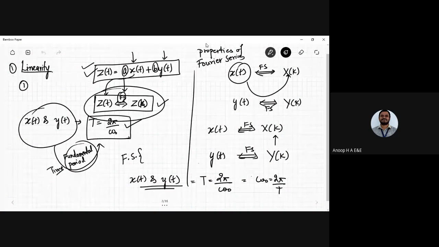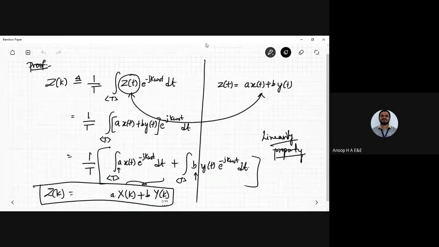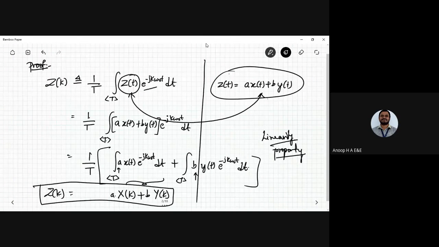Now, how can you write z of k? The proof is 1 divided by T, integral over the time period, z of t e power minus j into k omega naught into t. z of t can be written as a into x of t plus b into y of t. I'll replace it here with e power minus j k omega naught t as the exponential.